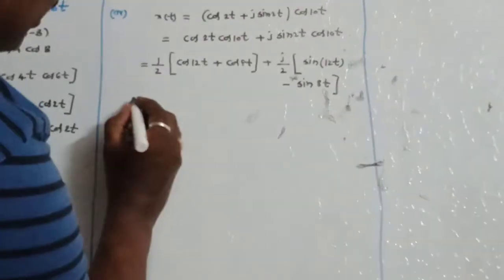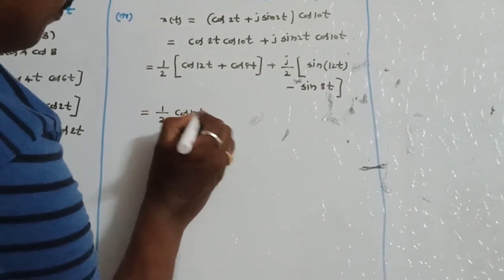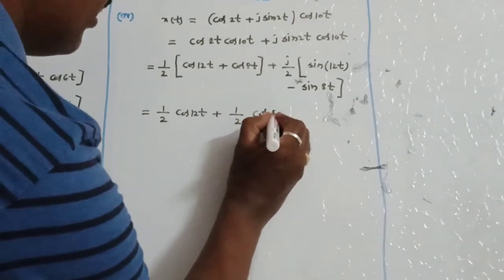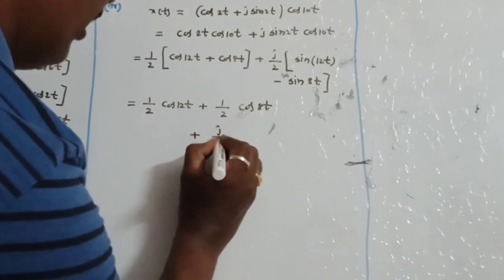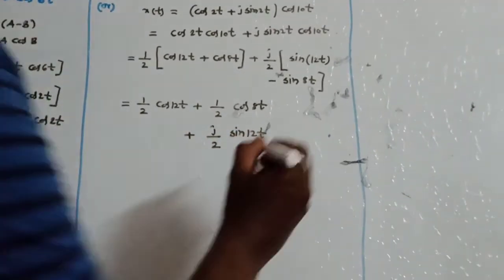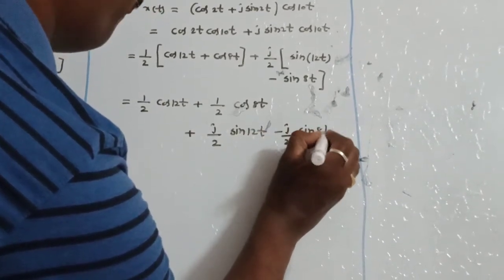So if you separate the terms, 1 by 2 cos 12t plus 1 by 2 cos 8t plus j by 2 sin 12t minus j by 2 sin 8t.